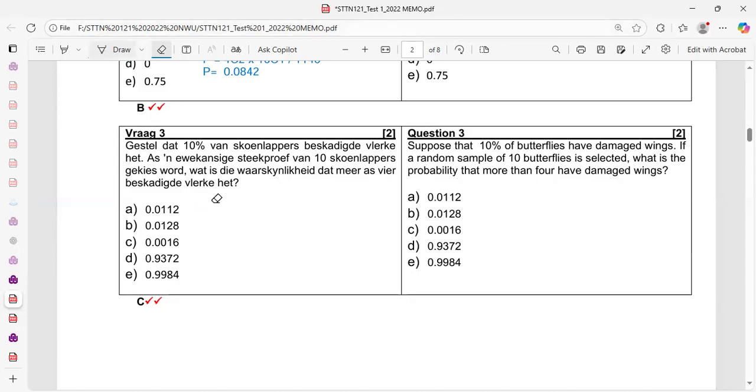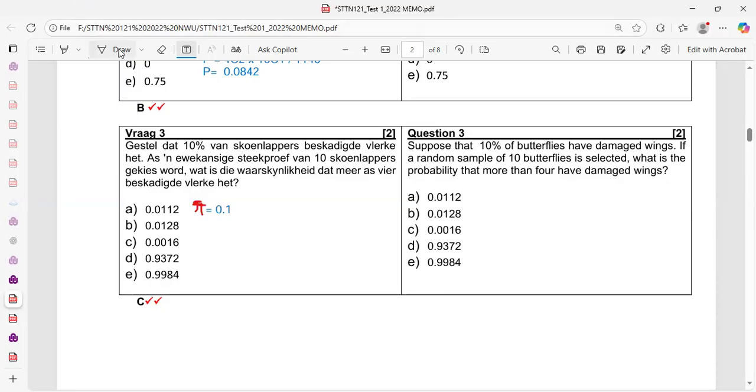The pi will be equal to 0,1, which is 10%. Now, let's look at the question.